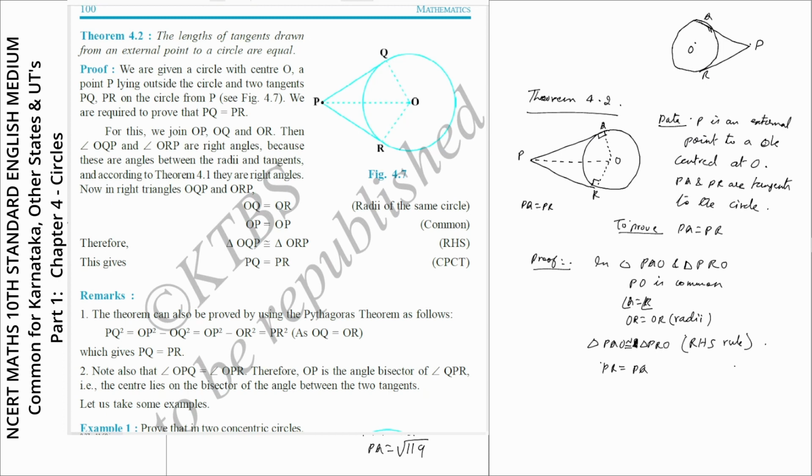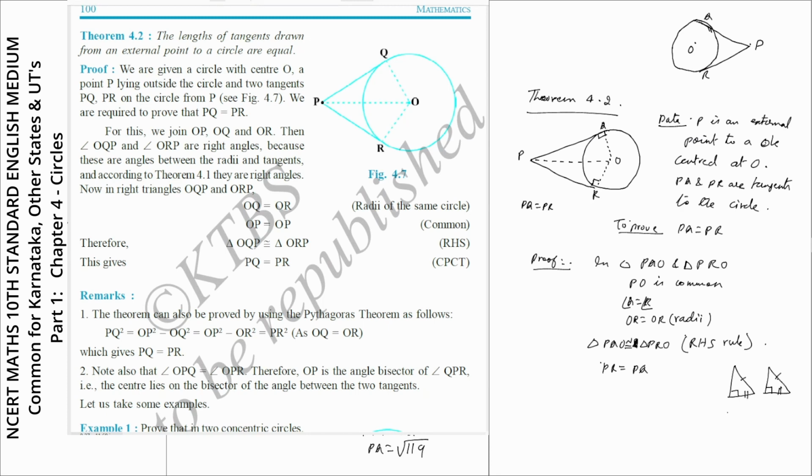So in any two right angled triangles, consider these two right angled triangles. If this hypotenuse is equal to this hypotenuse, and any one side is equal to one side of the other triangle, then these two triangles are congruent.